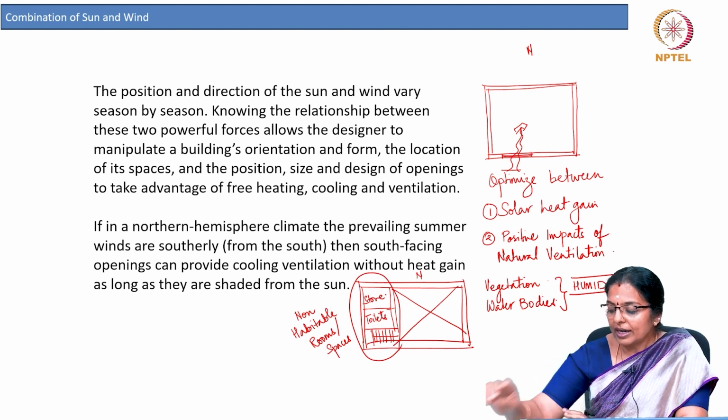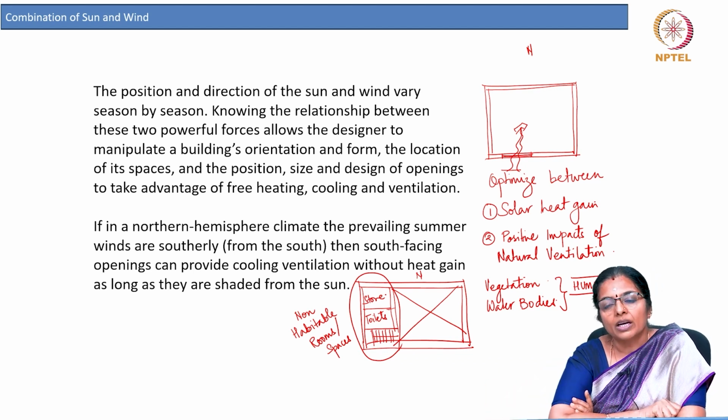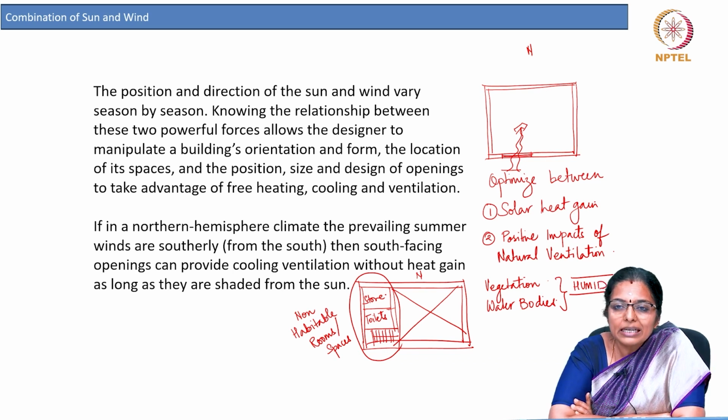So, in today's class, we saw the primary difference between passive techniques and active techniques. Passive techniques are techniques which utilize the forces of nature in order to create a habitable, comfortable indoor environment.